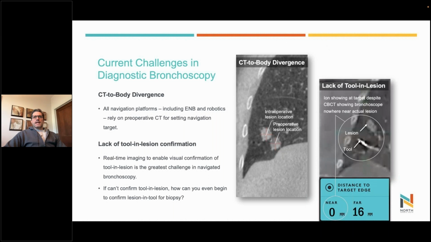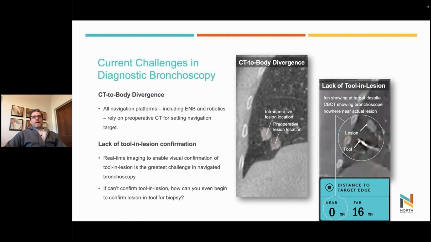The challenges in diagnosing lung cancer using our current and past medical technologies: one of the biggest things that we relied on and continue to rely on is a preoperative CAT scan to derive basically a virtual target.